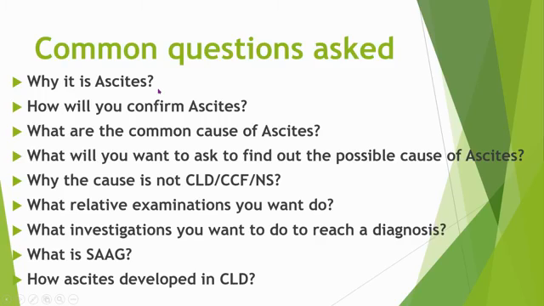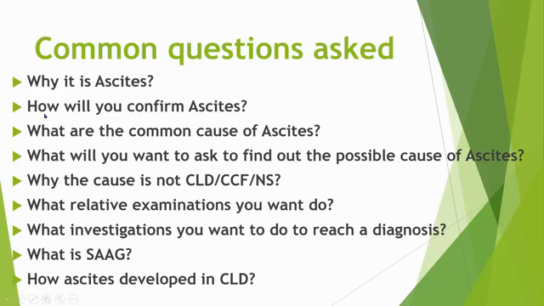It is an accumulation of free fluid within the abdominal cavity, sorry, peritoneal cavity. As it is free, it gives the shifting dullness and the fluid thrill. So how will you confirm? Clinically, shifting dullness and fluid thrill.